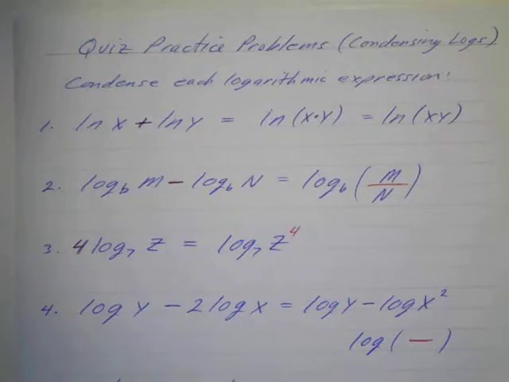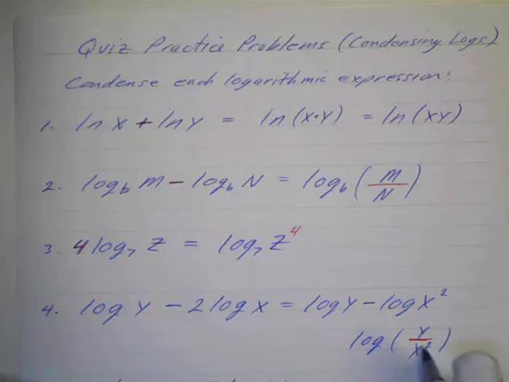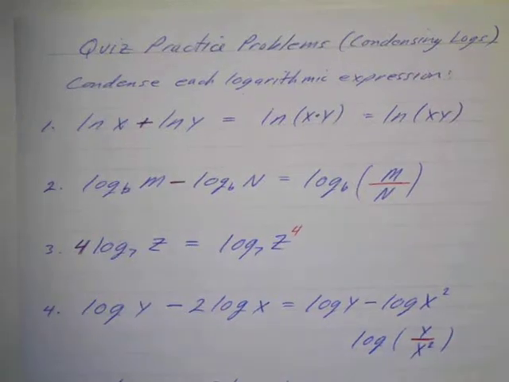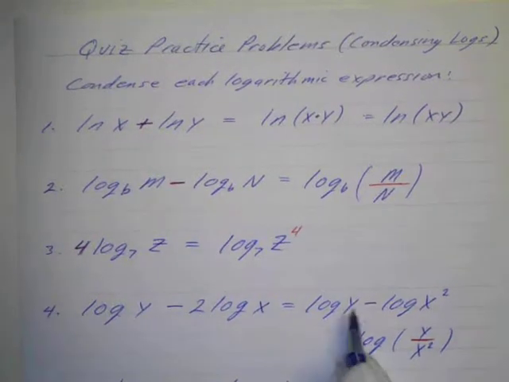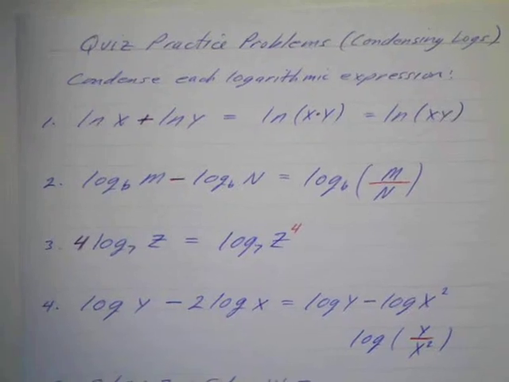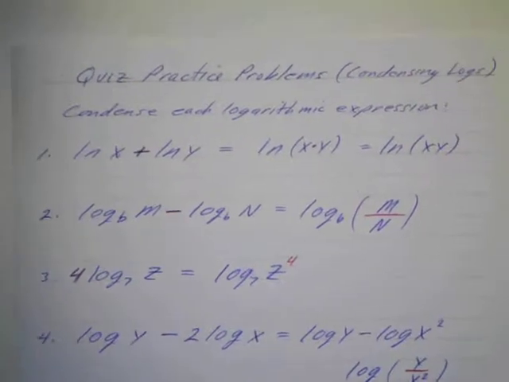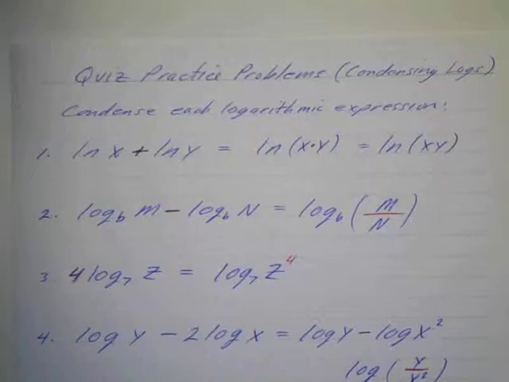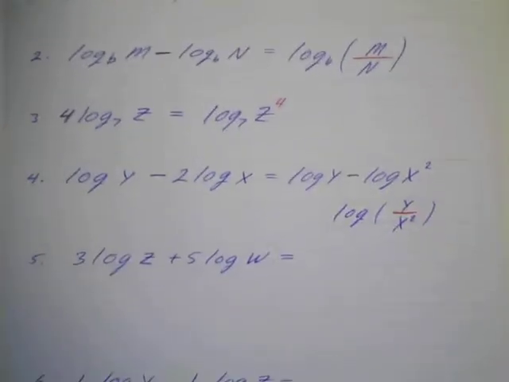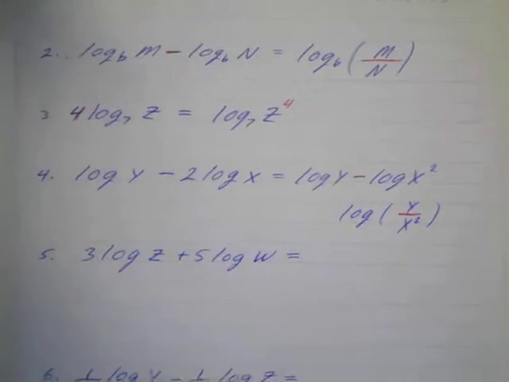And what goes on the top will be y. And what goes on the bottom will be x squared. And there you go. Numerator, denominator. All right. So that's the first 4. And I've got 2 more for you to try. So let's try these 2, and then we'll go over these. So this would be 5 and 6.